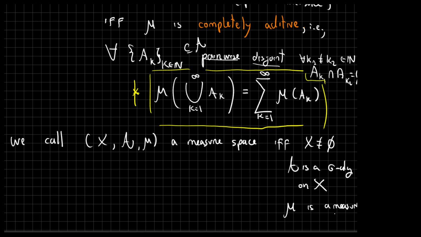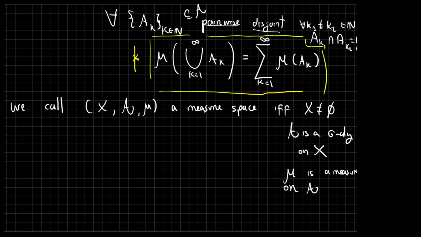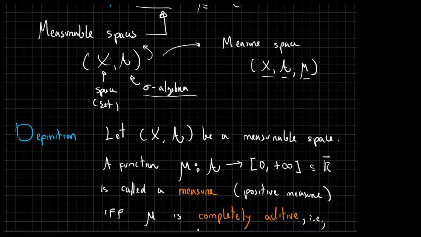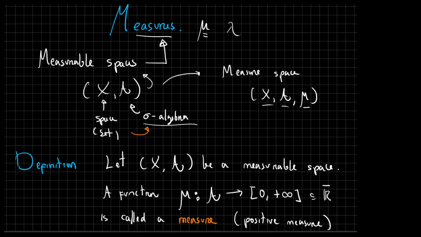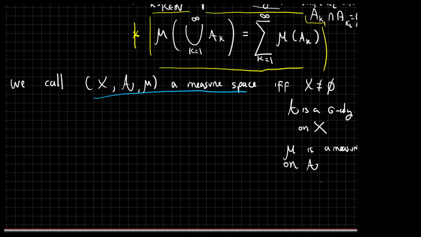You can say that this is a measure on A, or just that it is a measure. So we have the second definition of a measure space. This is like a chain, right? We first define sigma algebras, then we define measures, and so now we have our measure spaces.